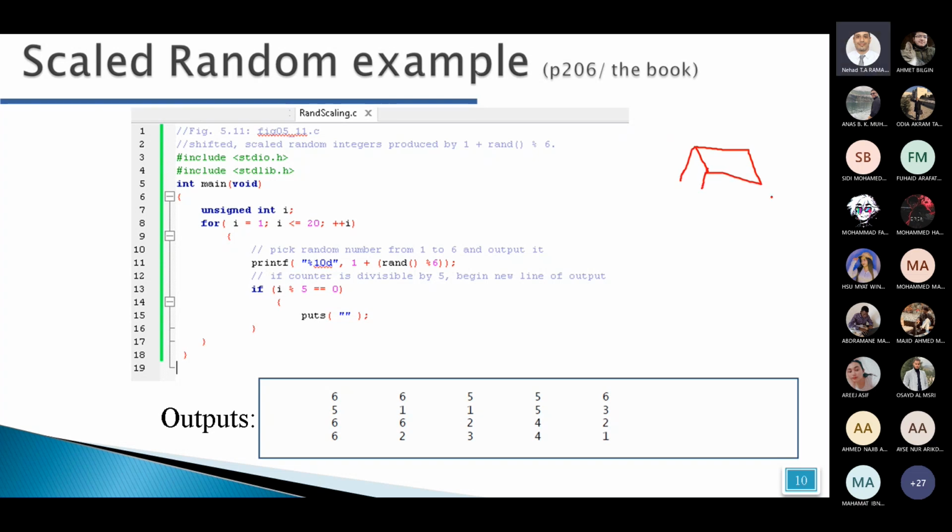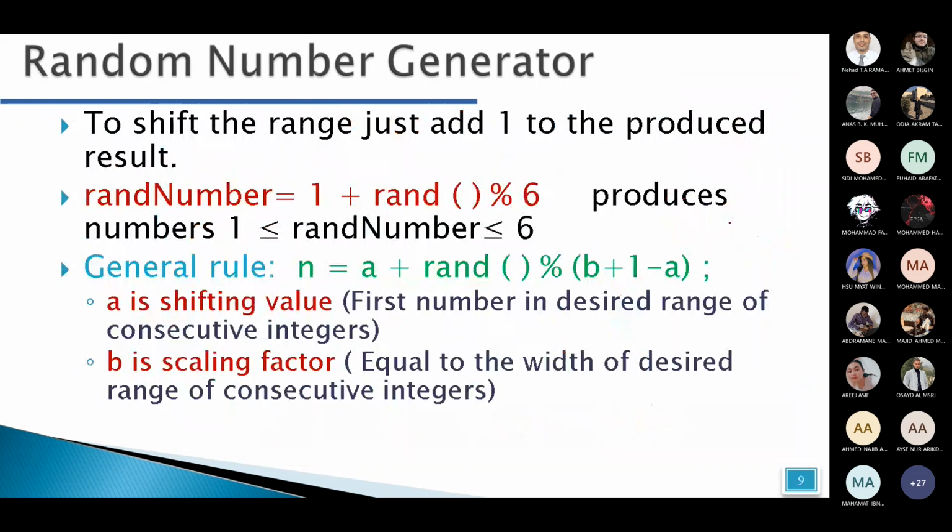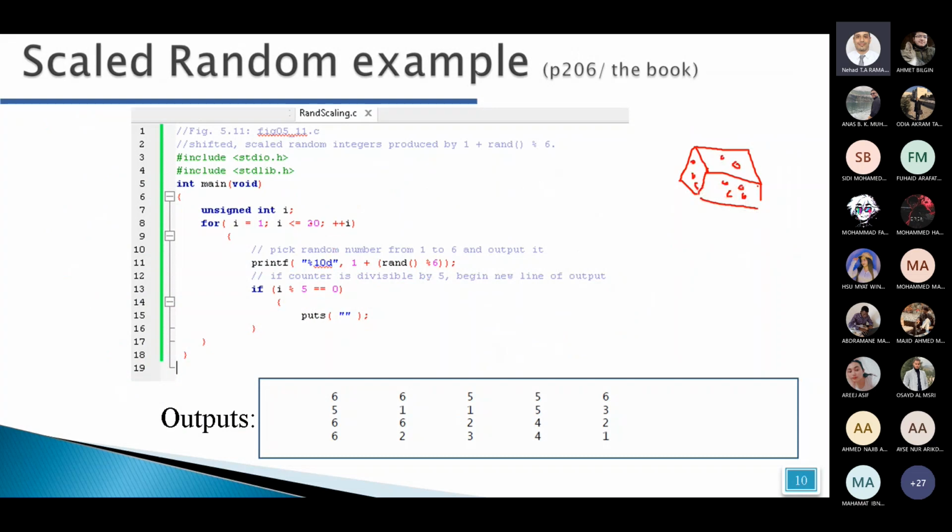The dice, those cubes that have numbers on them, for example 2, 4, 3, and so on. Here we roll the dice 20 times and see the random values.